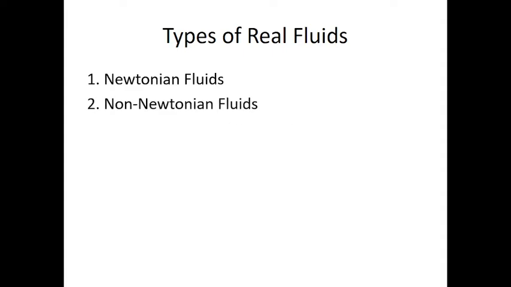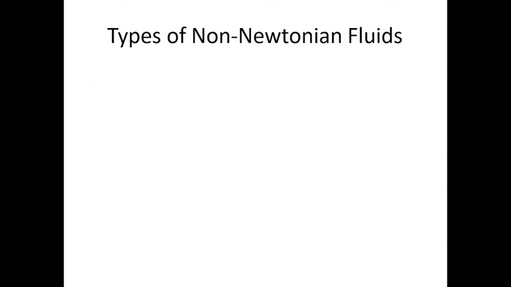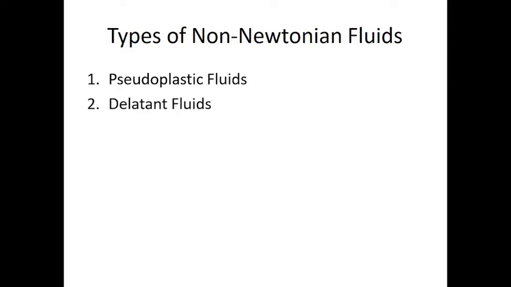Just to give you an idea kung ano yung types of real fluids, although in this module we will not talk about them in detail. Types of non-Newtonian fluids are pseudoplastic fluids, dilatant fluids, and Bingham fluids. Minsan kasi sa board exam lumilitaw yung mga yan, so dapat familiar din kayo sa mga iba't ibang klase ng fluids.